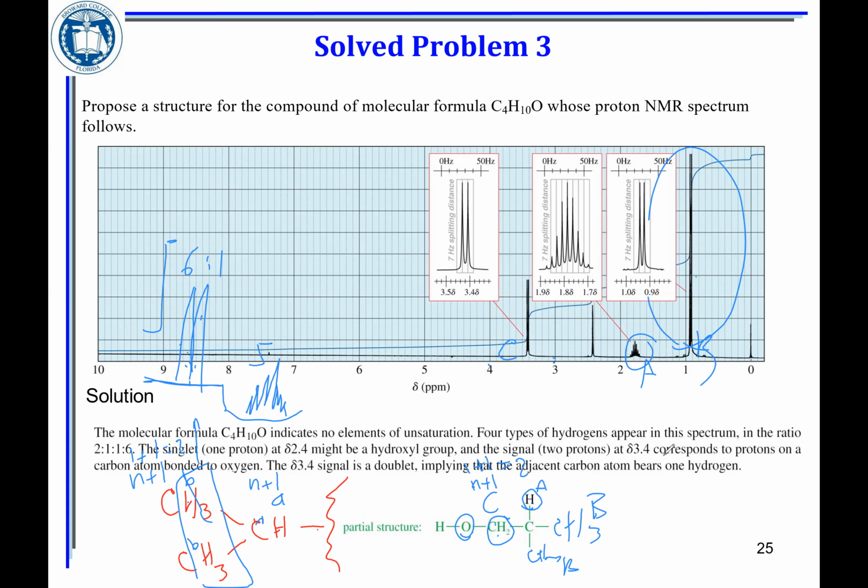But if it is attached to an electron withdrawing group, it's de-shielded and moves to a higher number. Specifically for oxygen, it moves between 3 and 4.